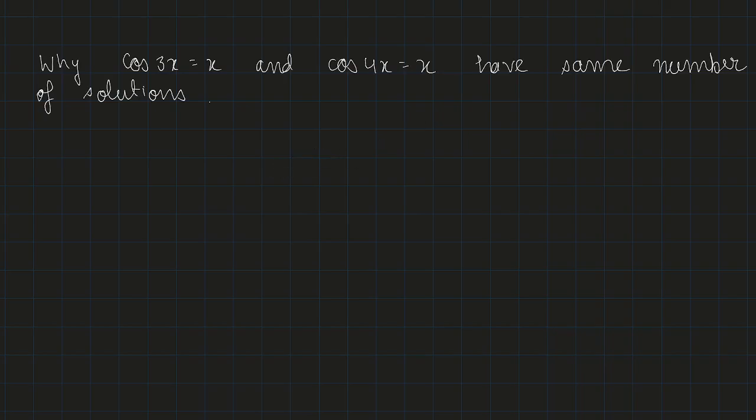Okay, so let's start with cos of 3x equals x, okay? If you have already seen the previous videos, you know that x has to be between -1 and +1.